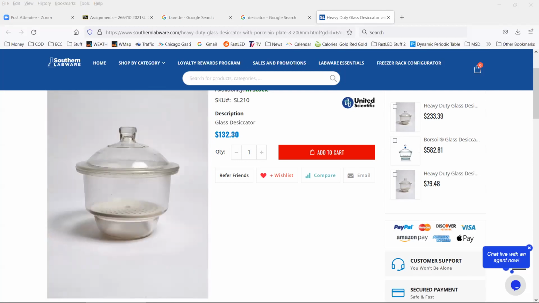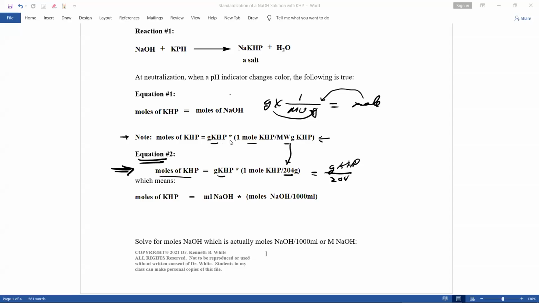Now, in the lab, let's assume the KHP is dry. What you'll do is in a beaker, you'll have KHP and water, and then you'll titrate it, and I'll show you what that means in a second, with NaOH of the unknown solution till the color changes.